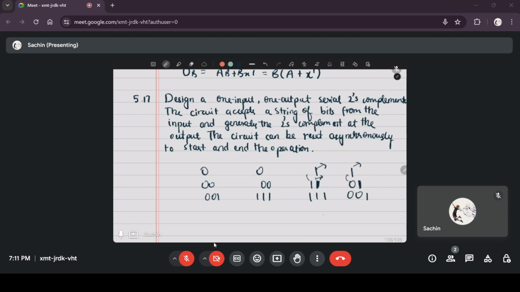Suppose instead of 1 1 you got a 0 1, that is the first bit was 1, so you'll get a 1 here, then the next bit is 0, should be complemented to 1. So 1 1 is actually the two's complement of 0 1.